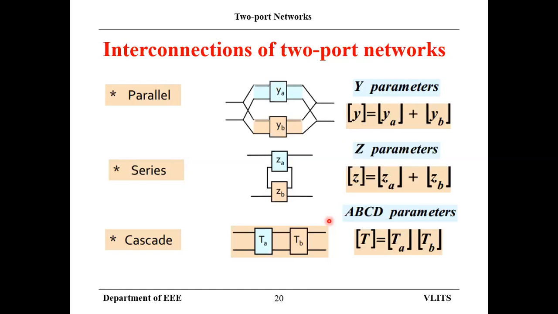Similarly, if the two networks are in parallel, then you have to add these two Y parameters, that is Y is equal to YA plus YB. But if the two networks are in cascade, then you have to multiply the both network parameters, those are the ABCD parameters. So T is equal to TA times TB. Like this, these are the different interconnections of the two port networks.